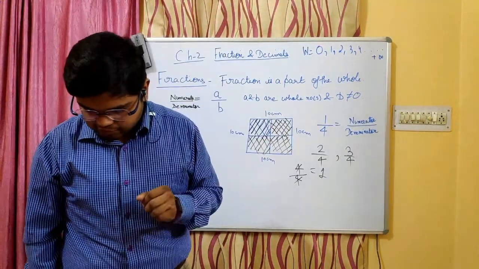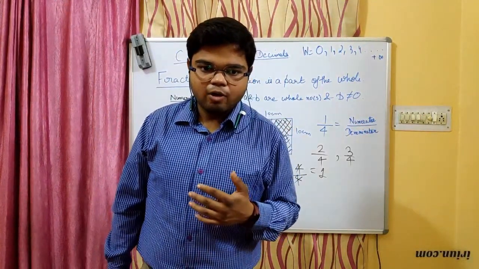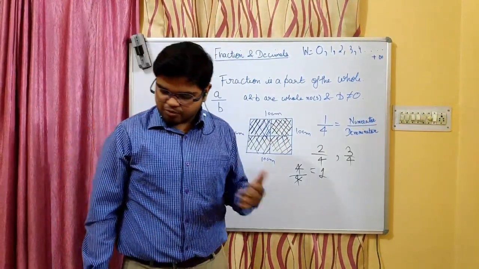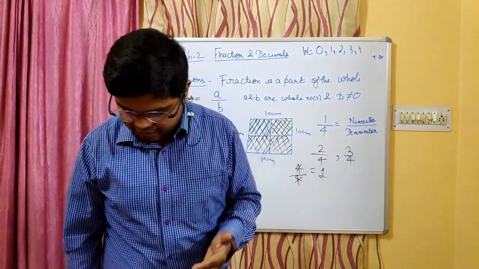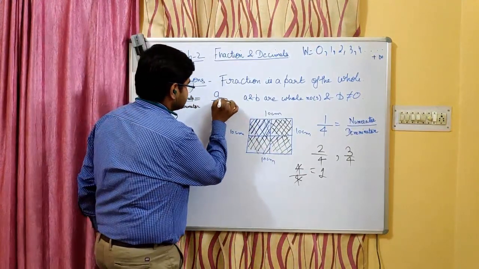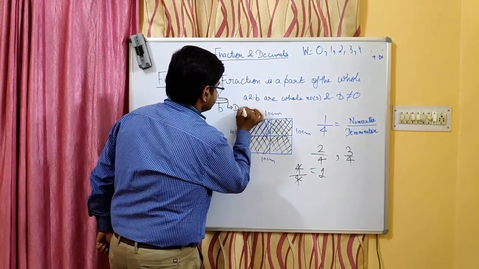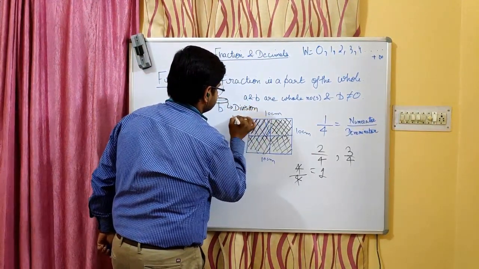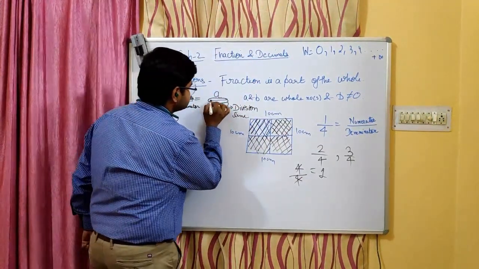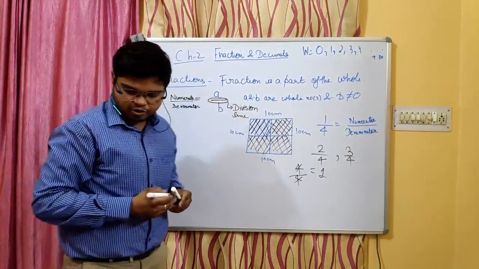For example, in your textbook you have 6 upon 11, 7 upon 15, 3 upon 4, all fractions with 6, 7, 3 respectively as numerators, and 11, 15 and 4 as denominators. And children, this line which separates numerator and denominator is called the division line.